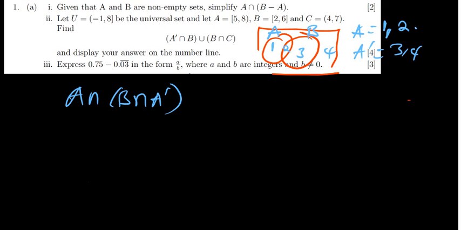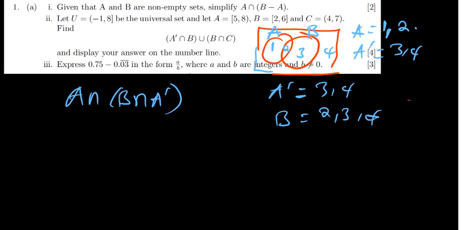For example, with the Venn diagram which you have here, Esther, let's first find B intersection A complement. So let's list A complement. What is A complement? It is 3 and 4, right? What is B? B is 2, 3, 4.